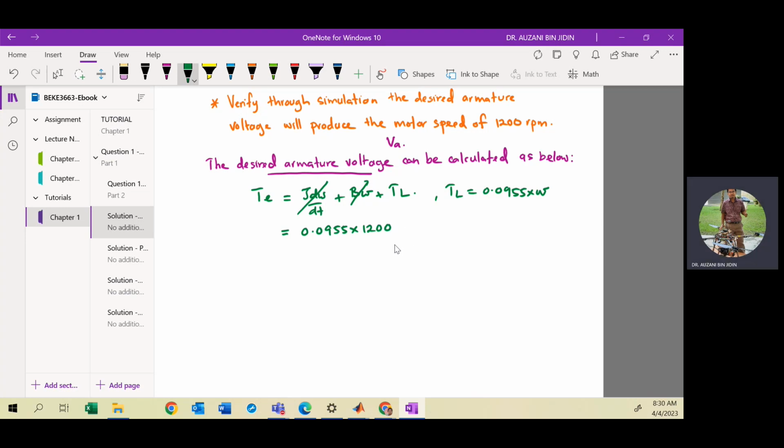Remember, in order to apply the equation you must convert all parameters to SI unit, so you multiply by 2 pi by 60.